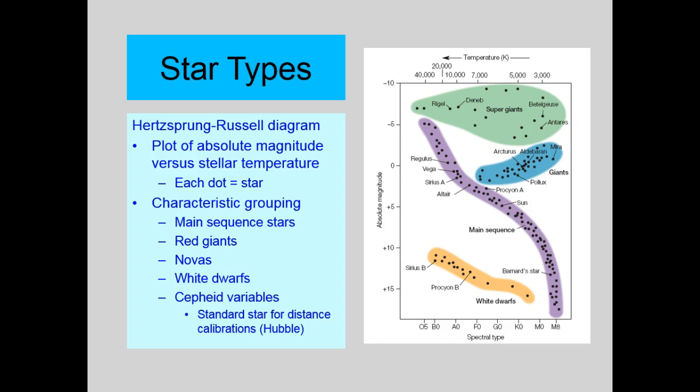A Cepheid or Cepheid variable is a slowly changing variable star that is used to measure distances. Okay? There is a general relationship between the period and the brightness. The longer the time needed for one pulse, the greater the overall energy output of that star.